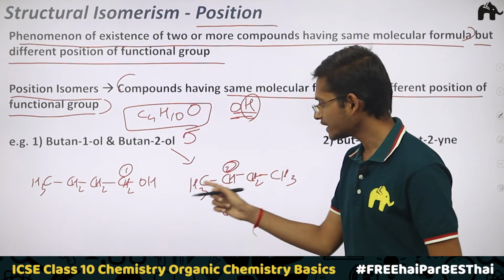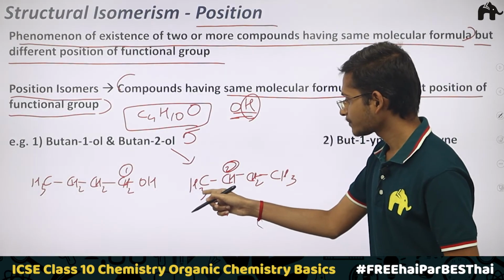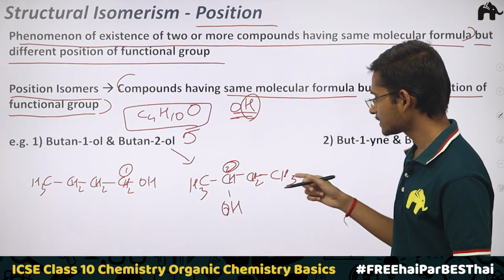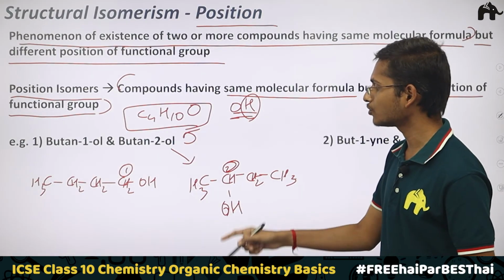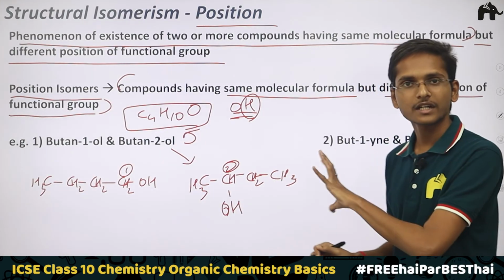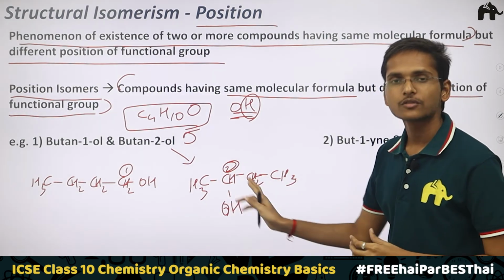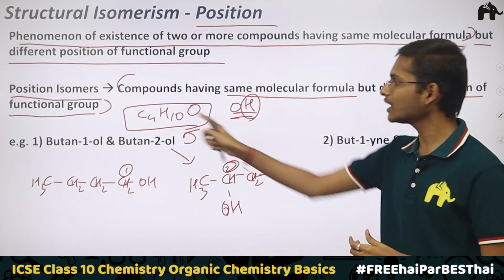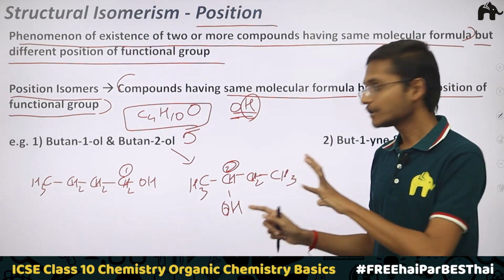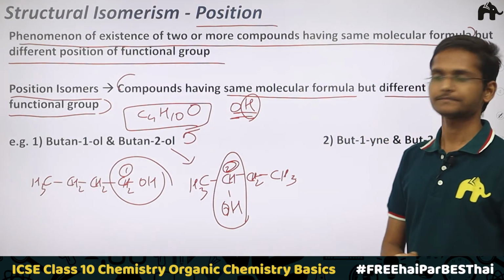When you tally, C4, and H: 3 plus 1 is 4, 6, 9, and then 10, so C4H10O, correct. So these are two position isomers, because they have the same molecular formula but different positions of the functional group.